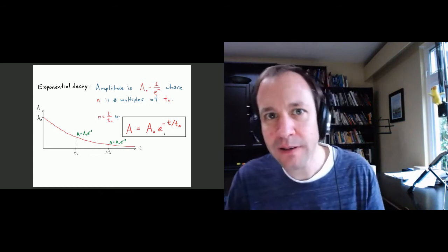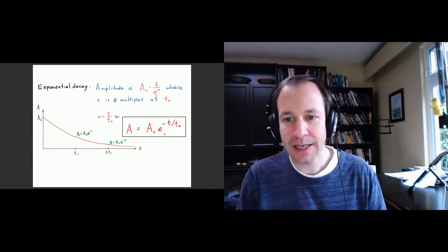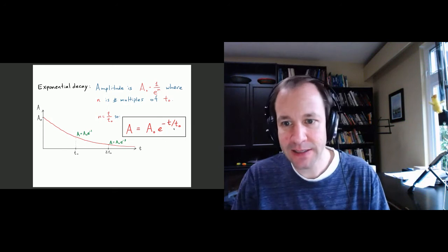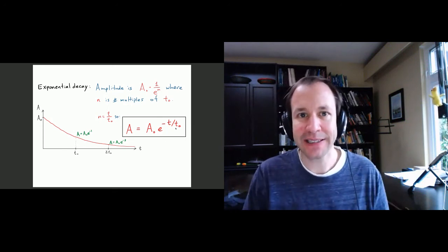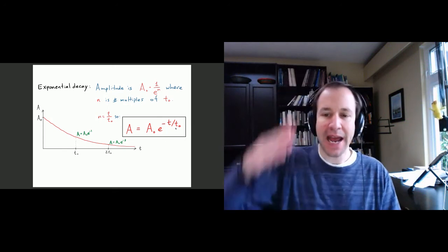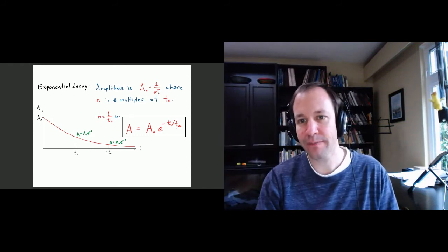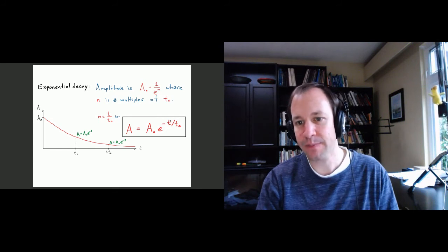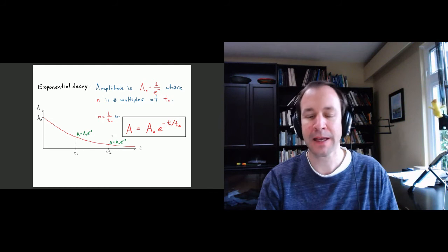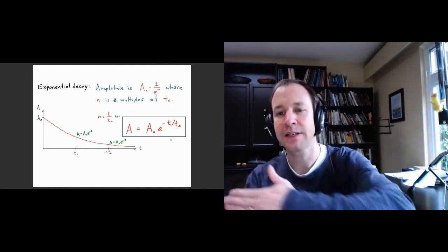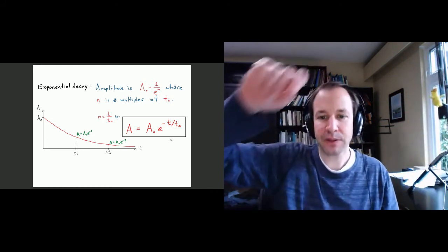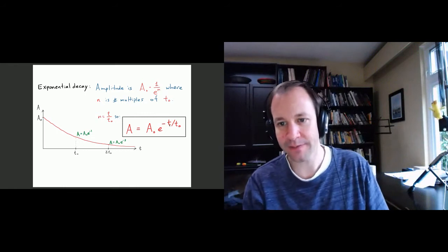So what we've learned is that in the way that we defined t0, you naturally get this exponential decay function, because instead of putting the exponential in the denominator, we put a minus sign in the exponent, so now it's in the numerator. This function tells you what your amplitude is going to be after a certain amount of time.